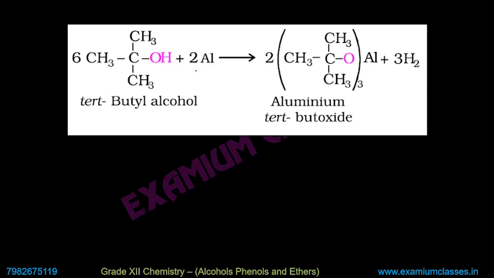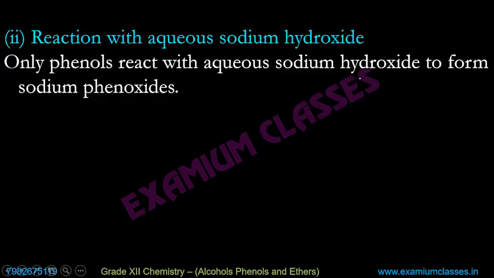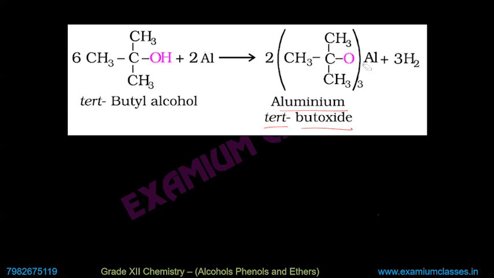Reaction with aluminium, for example, will be like this. Again, aluminium alkoxide will be formed, but in this case we will call it aluminium tert-butoxide, because we have tert-butyl alcohol.